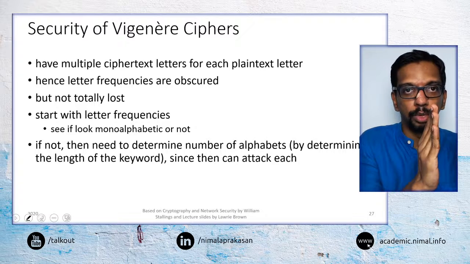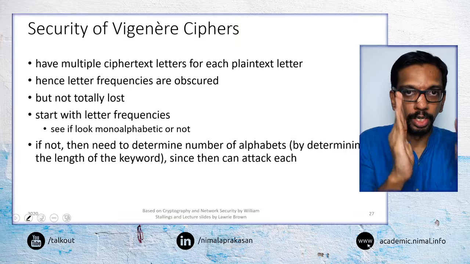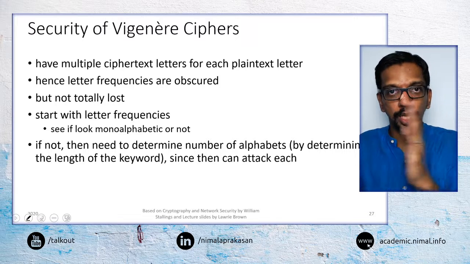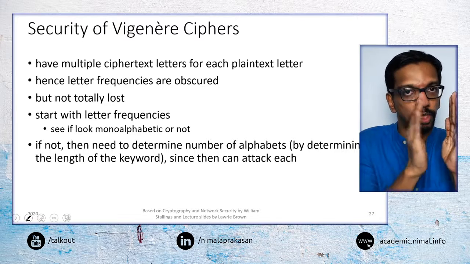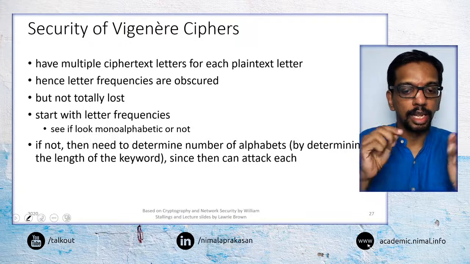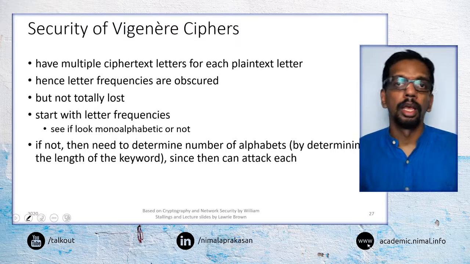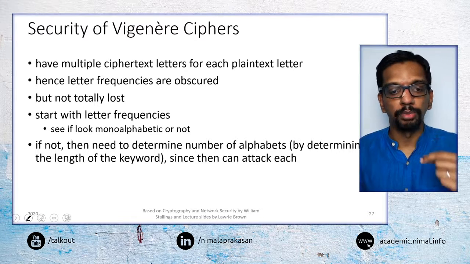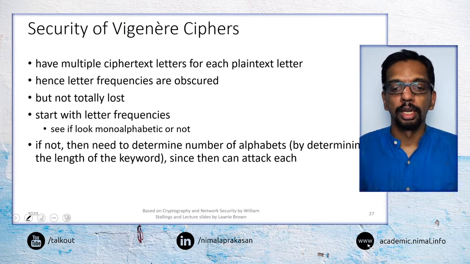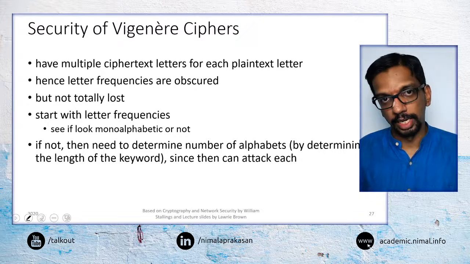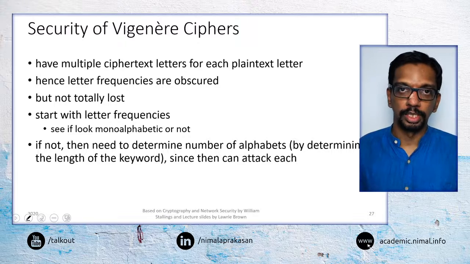If the keyword is a particular word, we repeat it many times to the length of the plaintext. So once we know or can guess that length, we can use that information to determine the frequencies further, and that can form part of the attack against the Vigenere cipher.